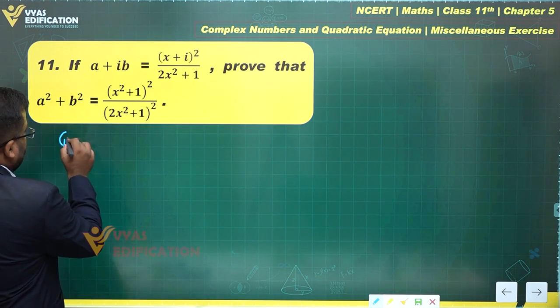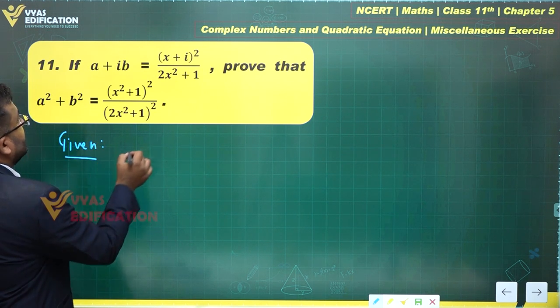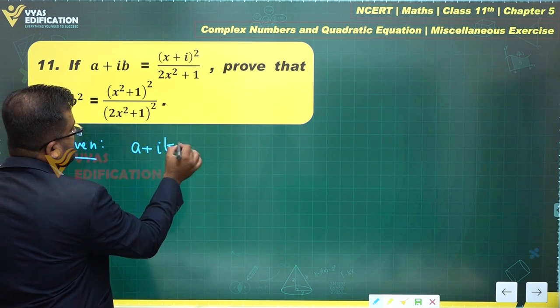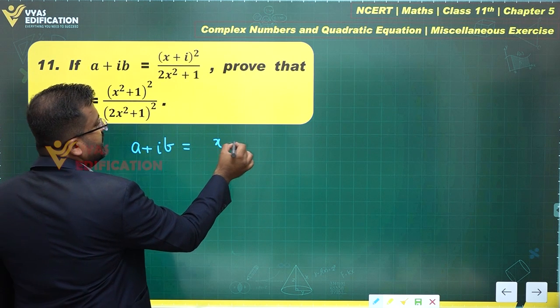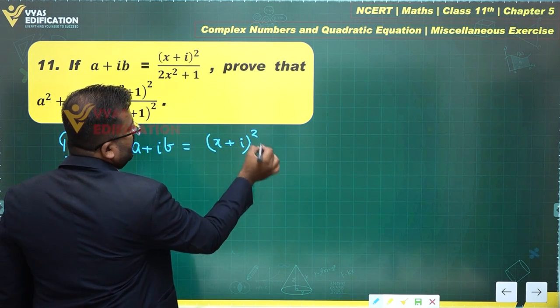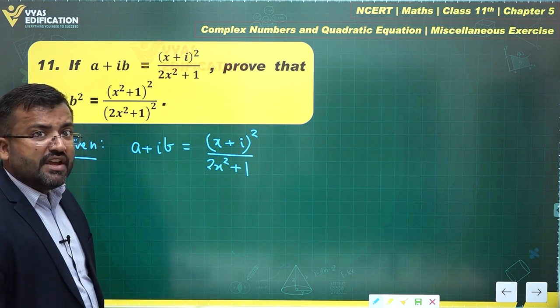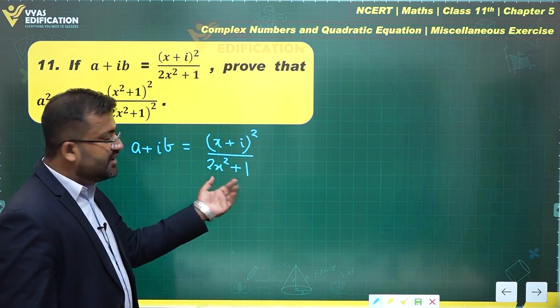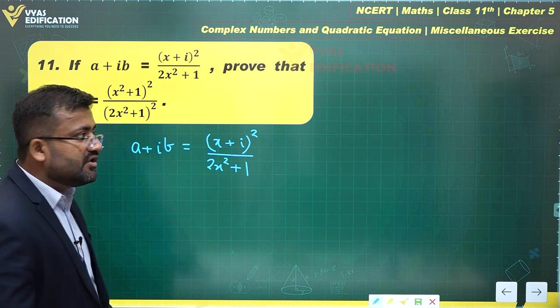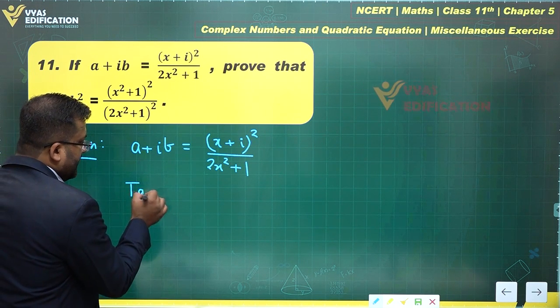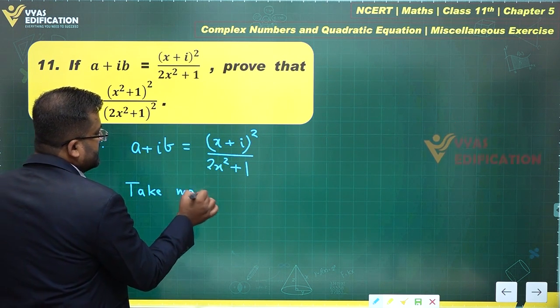It is given to us that a plus ib is equal to (x plus i) whole square over 2x square plus 1. This is given to us, right? Since this complex number is equal to this complex number, we can take modulus on both sides. Let us take modulus.